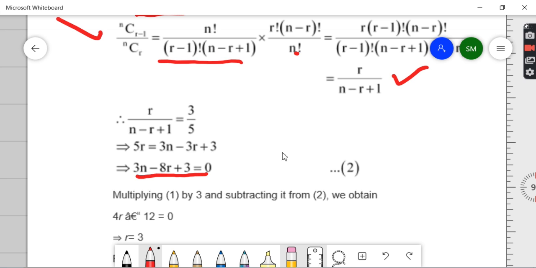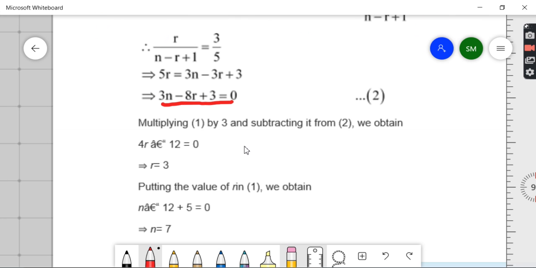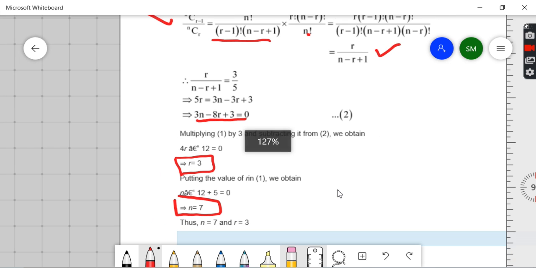Now solve equations 1 and 2, you will get the value of r. How to solve that you know, so I am not going into detail. Once you get r equal to 3, put it in any one equation, either 1 or 2, and you will get n equal to 7. So this is your answer: r is equal to 3, n equal to 7.